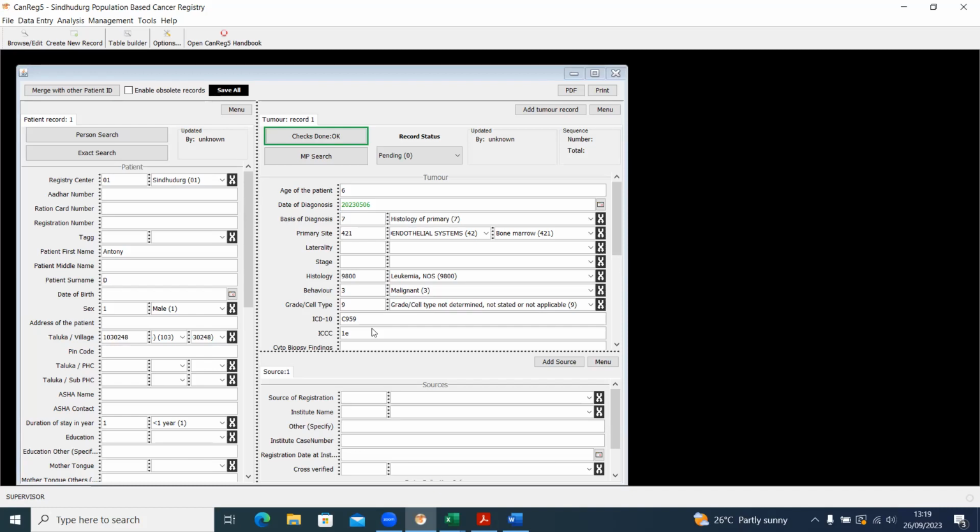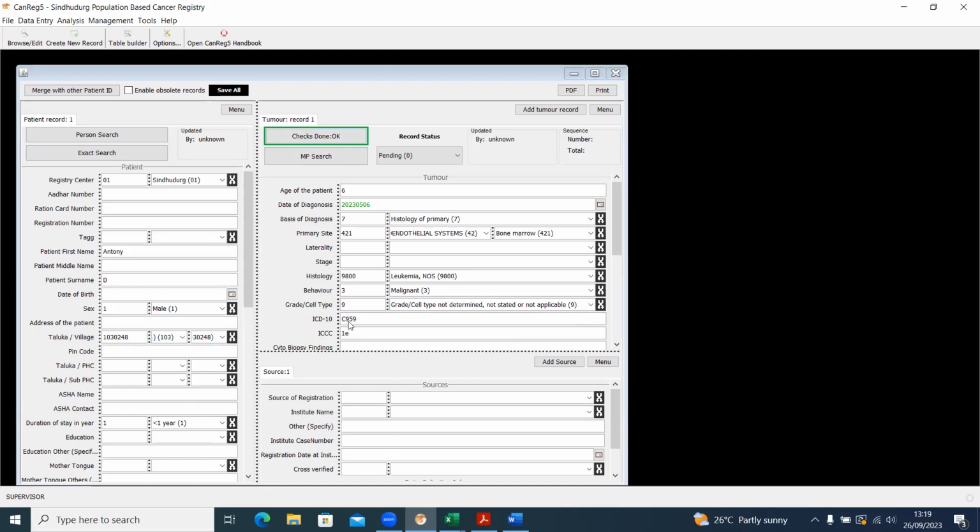Is there any doubt regarding the ICCC code? Kindly update me in the chat box. Normally, the ICCC code will be generated at the same time when the ICD-10 code is generated.